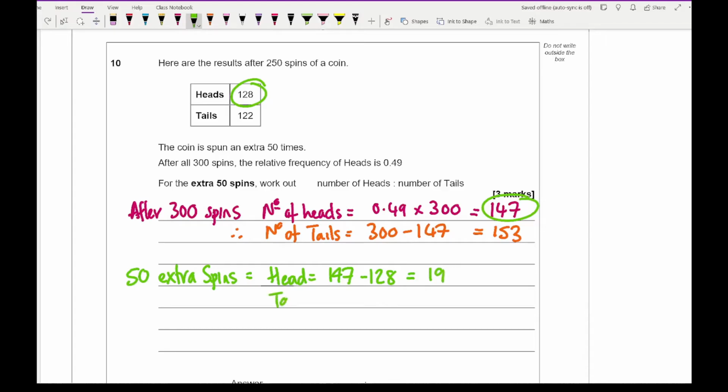And then the number of tails is going to be this number minus this number, so 153 minus 122, which is 31. So then the ratio of heads to tails is going to be 19 to 31.